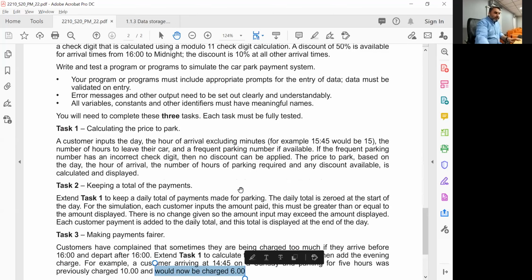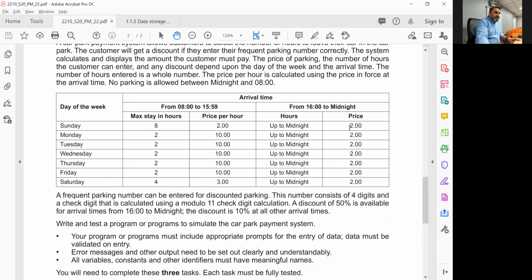So that means that this is the flat charge for any number of hours from 1600 till midnight. Whereas over here, these are the charges per hour. So now maximum stay in hour for the different days is different. But over here, on any given day, when someone arrives after 1600 hours, they can stay up to midnight.